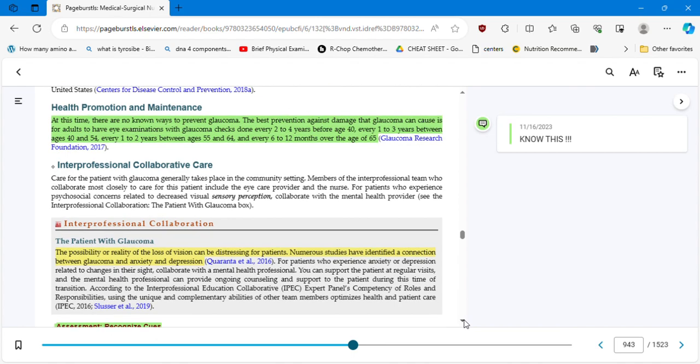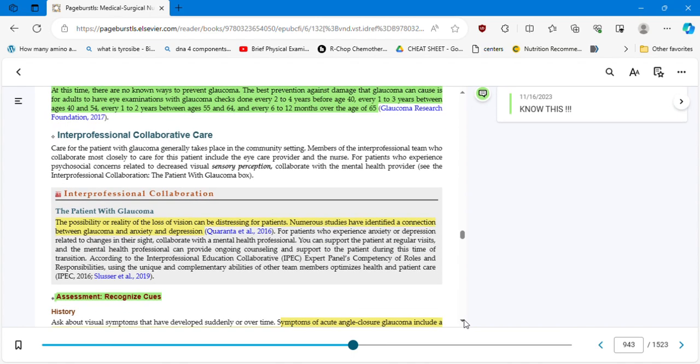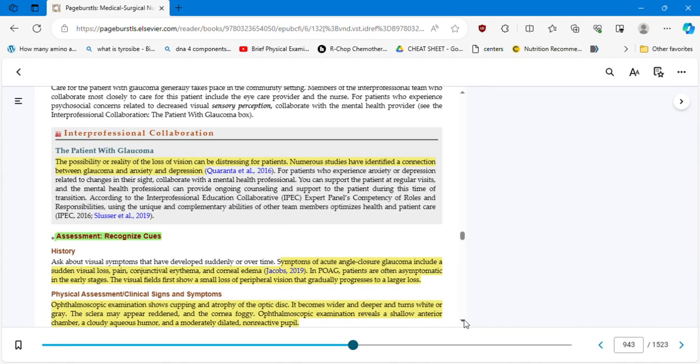Okay. The patient with glaucoma, the possibility or reality of the loss of vision can be distressing for patients. Numerous studies have identified a connection between glaucoma and anxiety and depression.